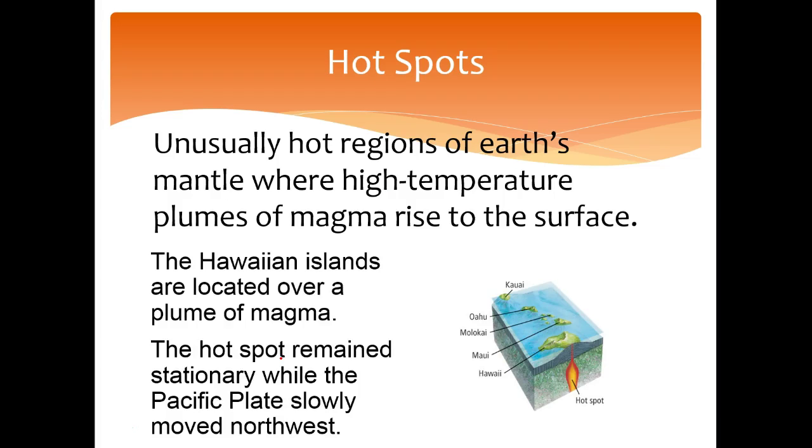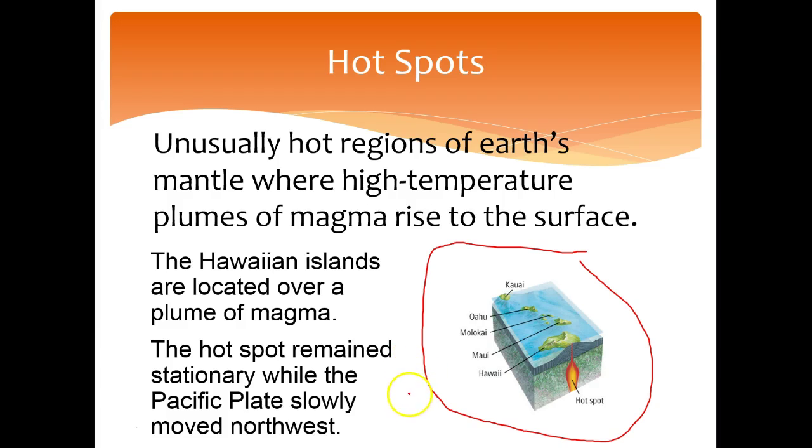Then we get something called hot spots. And something I want you to pay attention to is this guy over here. Hawaii is a hot spot. An unusually hot region of the Earth's mantle where high temperature plumes of magma rise to the surface.